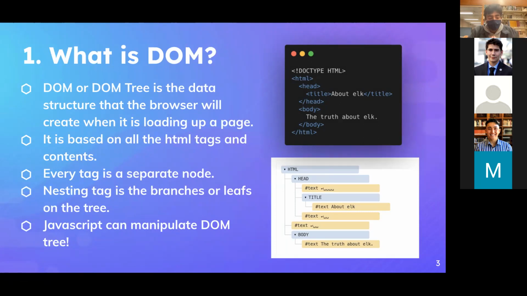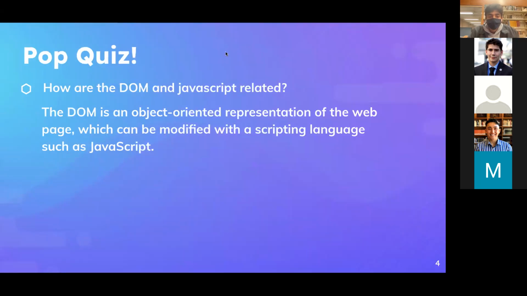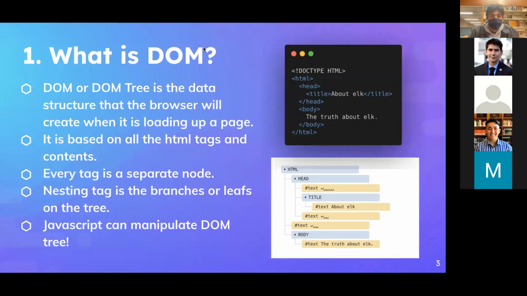In order to change what the user is seeing, fundamentally, we have to change the HTML. The browser is only rendering HTML. So the DOM is an organized way to interface with the HTML.